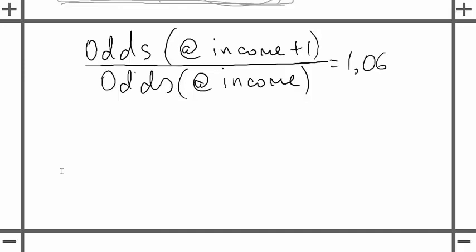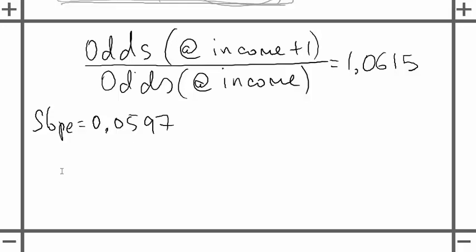Can you remind me what it is? 1.0615. Okay, excellent. First of all, my slope was 0.0597, if I remember correctly.